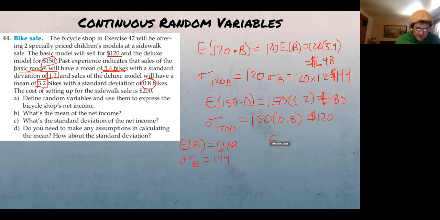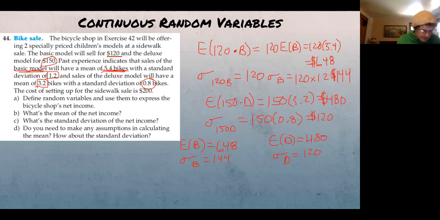The expected value for deluxe bikes is 480 with a standard deviation of 120. So if I want to combine these together, because I'm going to sell deluxe and base, we're going to sell a random amount of bikes, but we might expect this much profit.